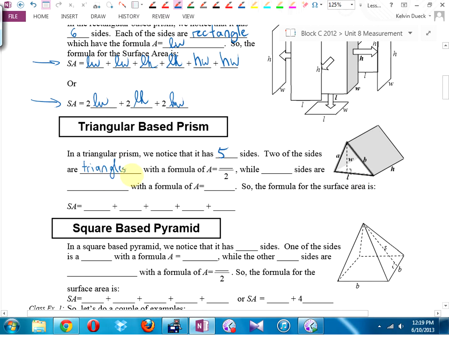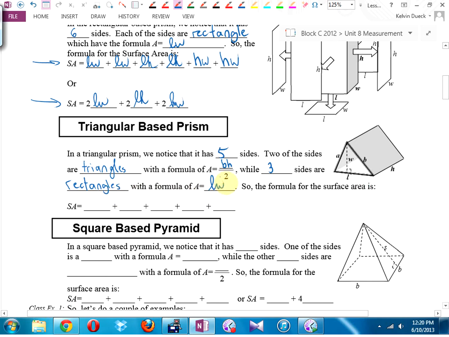And that has a formula, an area of base times height divided by 2, right from your formula sheet. What shape are the other 3 sides? The other 3 sides are rectangles with a formula of LW.